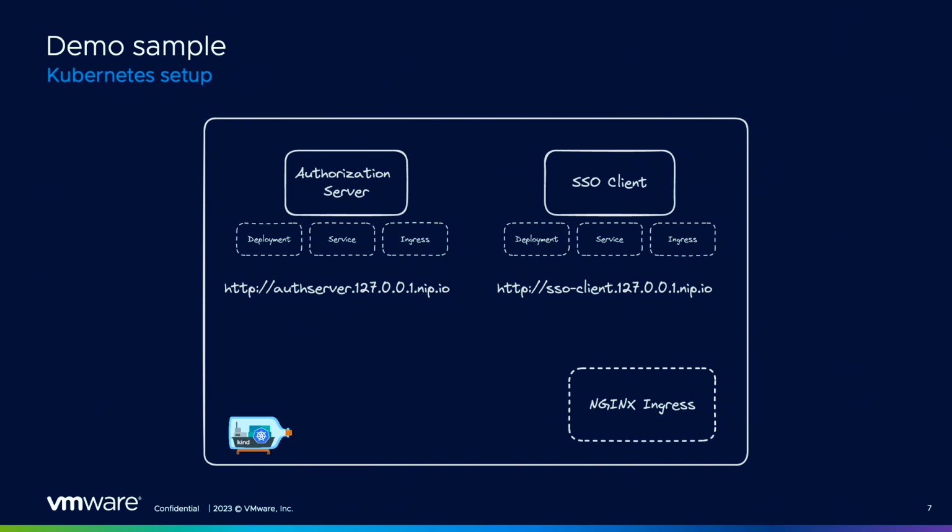So to get this working in Kubernetes, we have two applications, the authorization server application and an OAuth2 client application. We have a deployment YAML configuration. In that YAML configuration, we have a service and an ingress. For the service, we need to be able to access the authorization server or the SSO client externally, using HTTP or HTTPS.